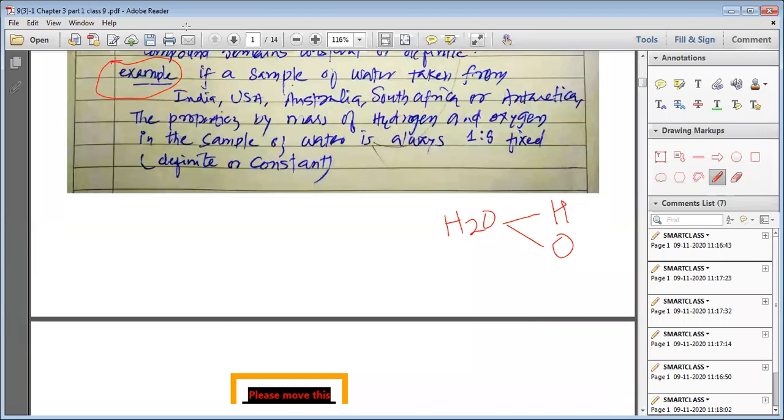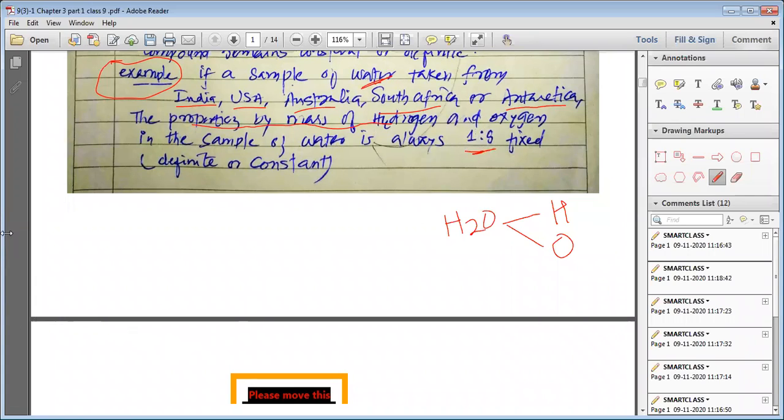If a sample of water is taken from India, from USA, from Australia, from South Africa, from Antarctica, and then the proportion by mass of hydrogen and oxygen in this sample is measured, it is found that the proportion by mass is 1:8.